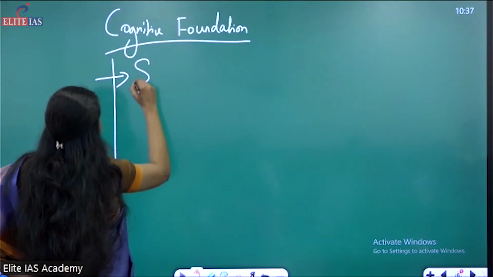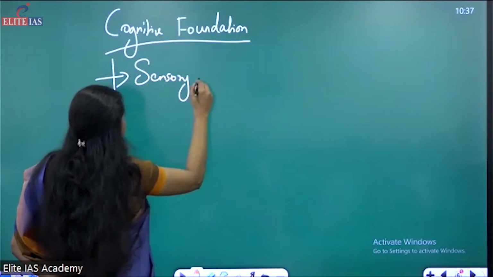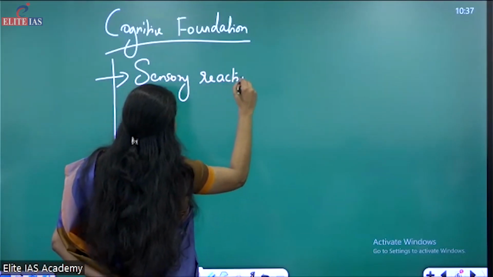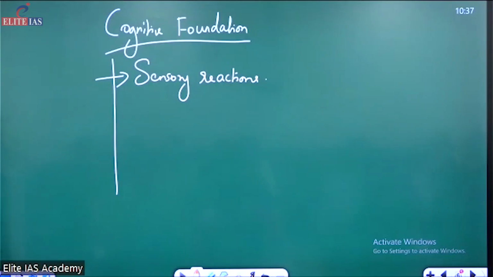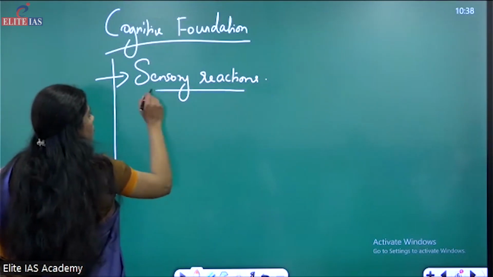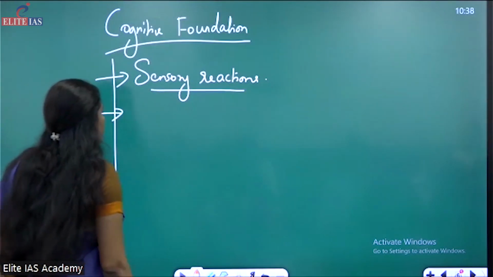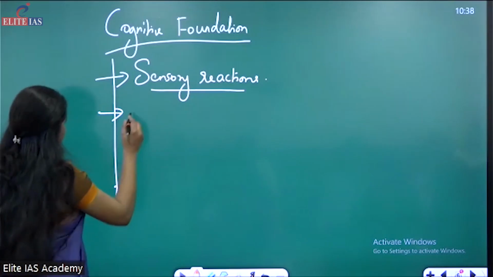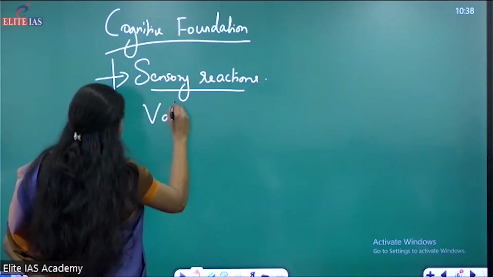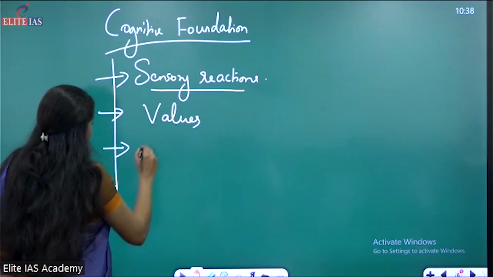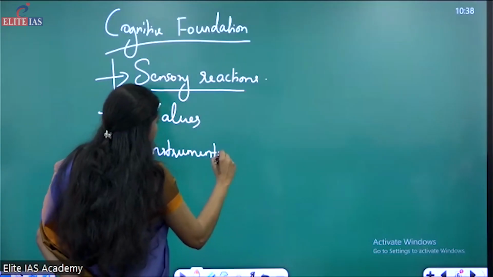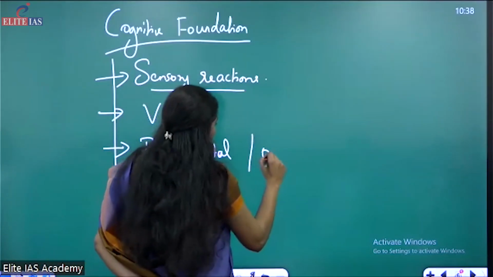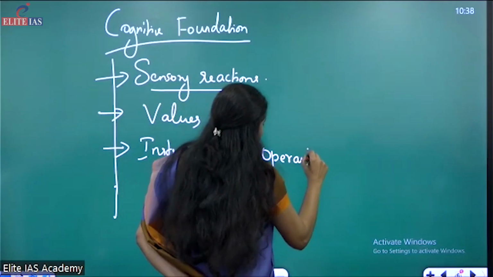So first one is sensory reactions. First, let us write all the topics. Then second, values. Third, instrumental or operant conditioning.